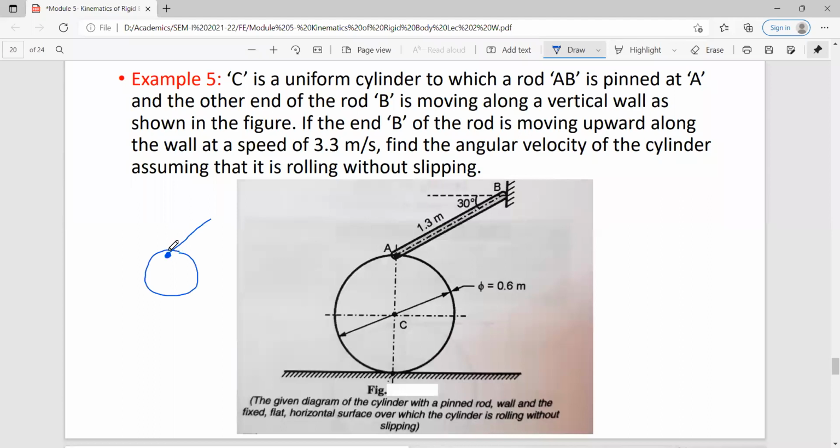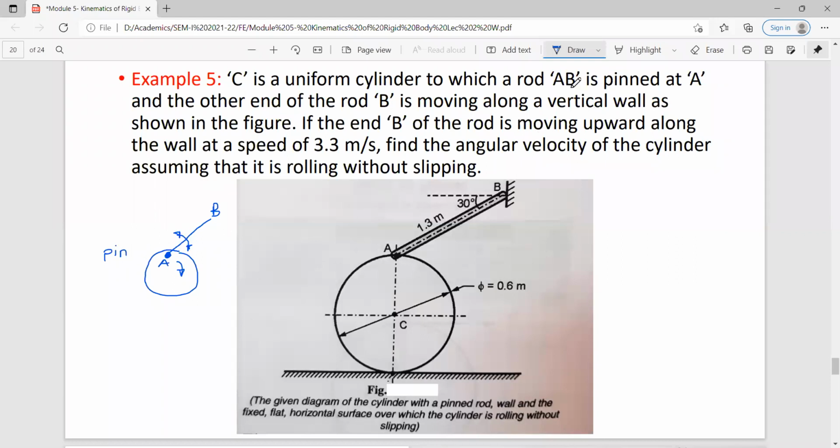Because of this pin connection, this rod can have angular motion about this point A. As the cylinder will roll, and depending on the connection of rod AB, this rod AB can turn about this point. That is called a pin connection.